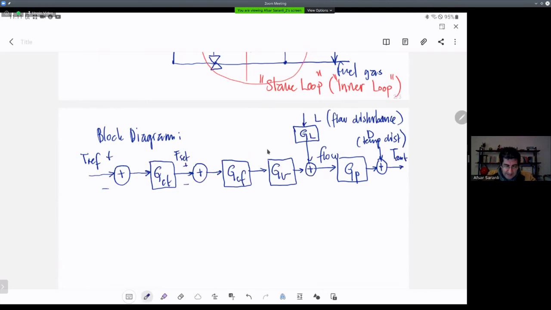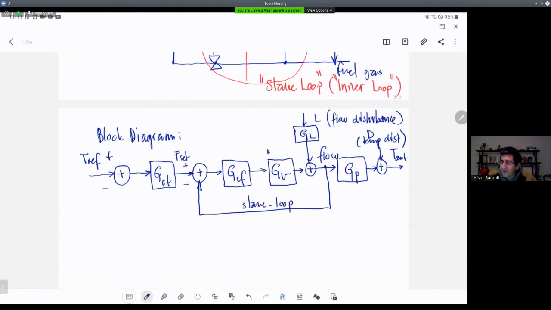Over here, from the flow, assuming all the measurement devices are ideal in this case, here is the flow loop. We measure the flow and we correct the flow. This is the slave loop.